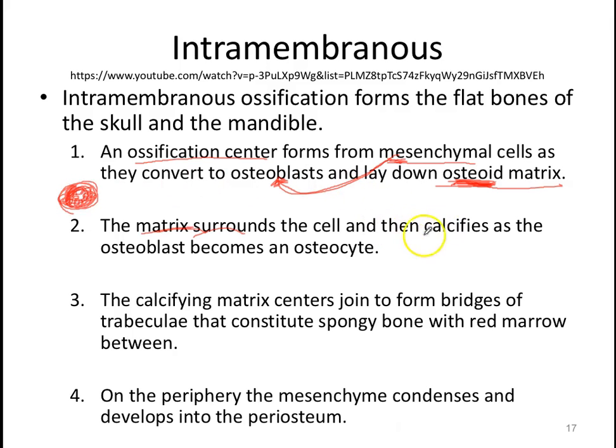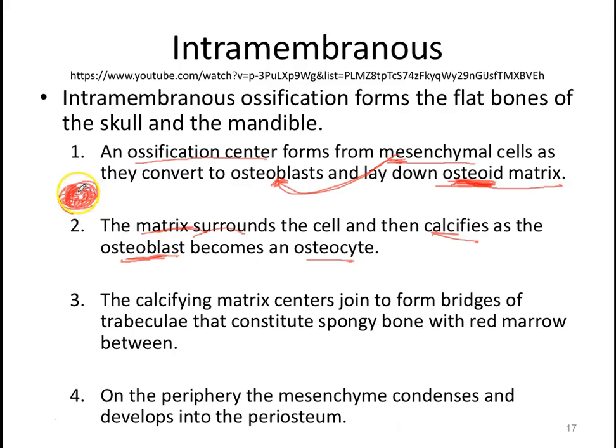That osteoid matrix then calcifies. And as it calcifies, that osteoblast can't make any more because it's bone. It can't push it out anymore. It's surrounded by this hard thing. So since it can't make any more, it matures. It becomes an osteocyte. Hopefully that's pretty straightforward.